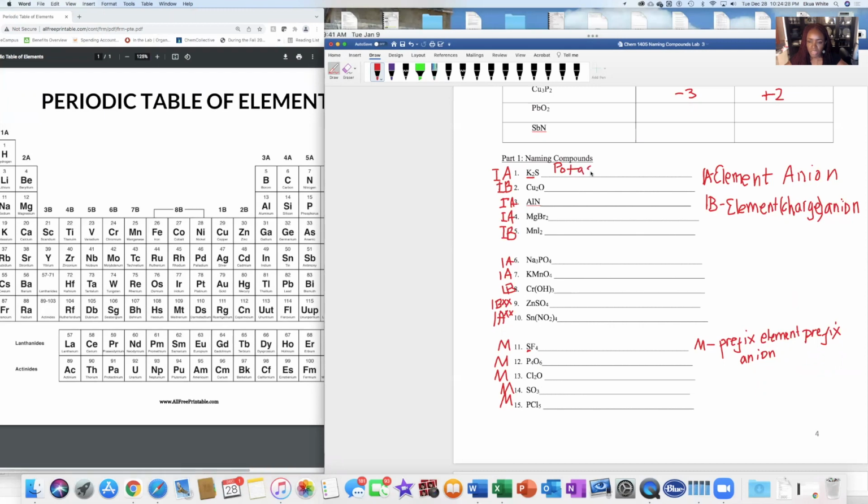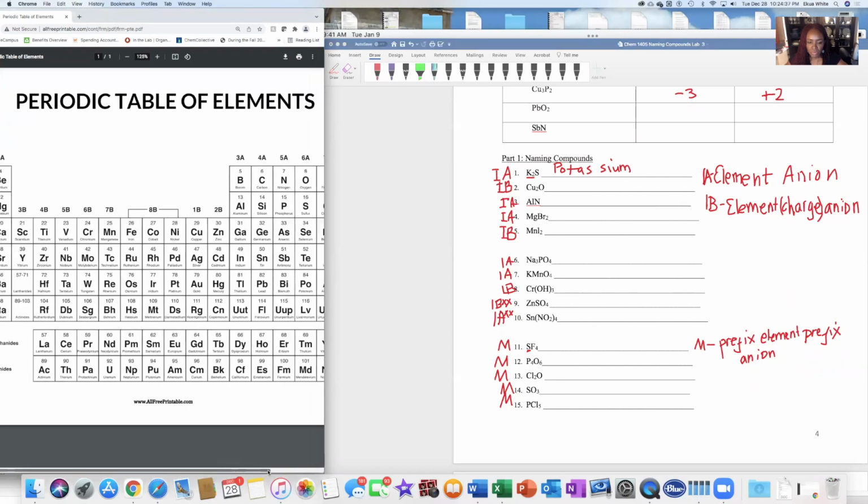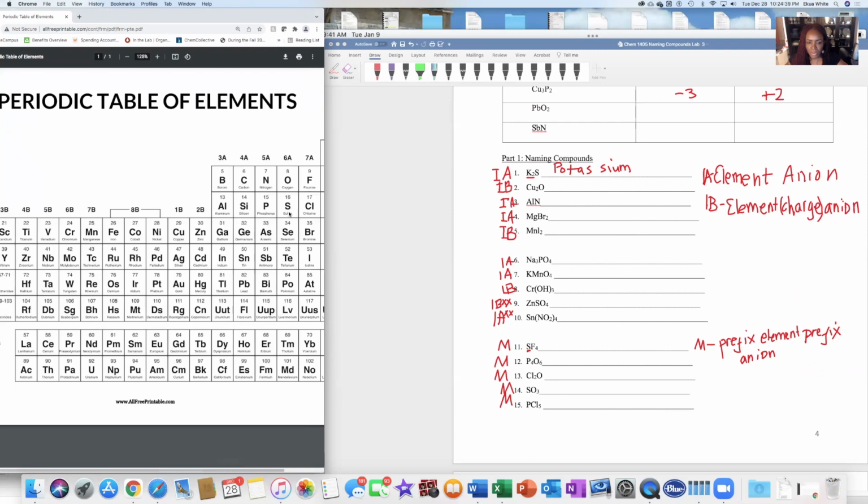Use the periodic table. Make sure you have one next to you. Potassium for the metal. For the sulfur, S is over here. Don't write sulfur, but you want to say sulfide. So you want to go to that table in the PowerPoint where I showed you the stem words and use that. Potassium sulfide.